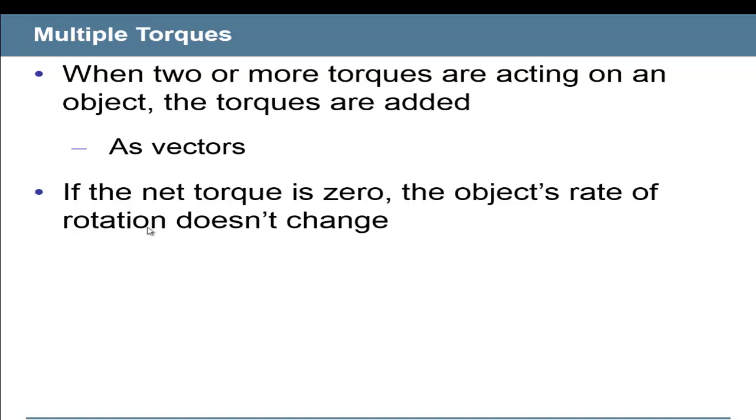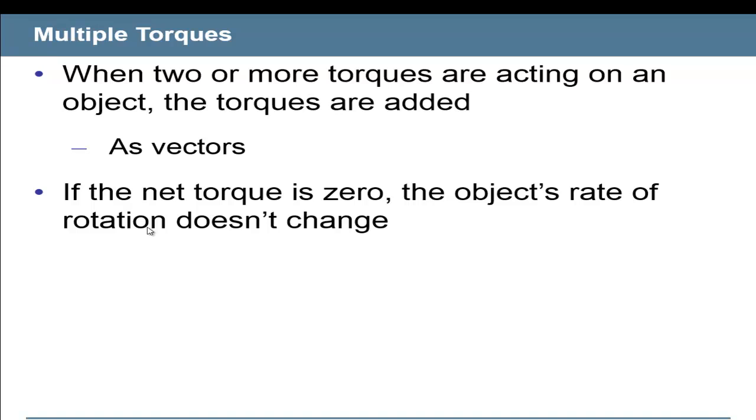And if the net torque is 0, then we have equilibrium, right? We'll call this a second condition for equilibrium. Our first condition of equilibrium was that the net forces were all equal to 0. Now we have a second condition for equilibrium in which the net torque is equal to 0. So if the net torque is 0, the object's rate of rotation does not change.